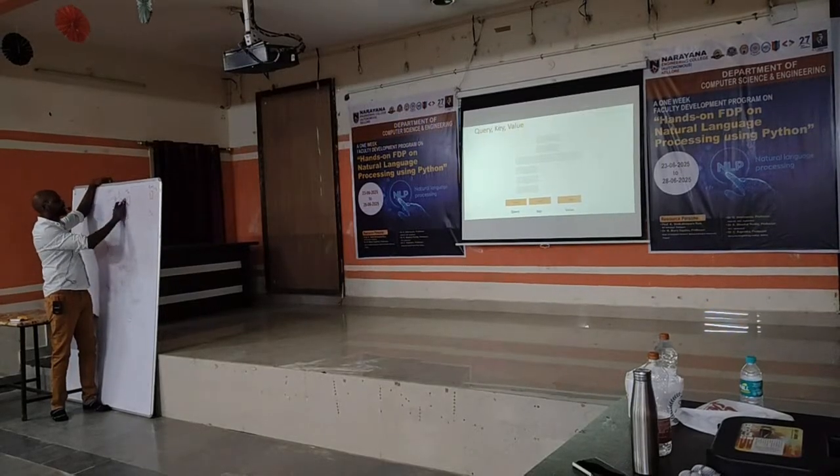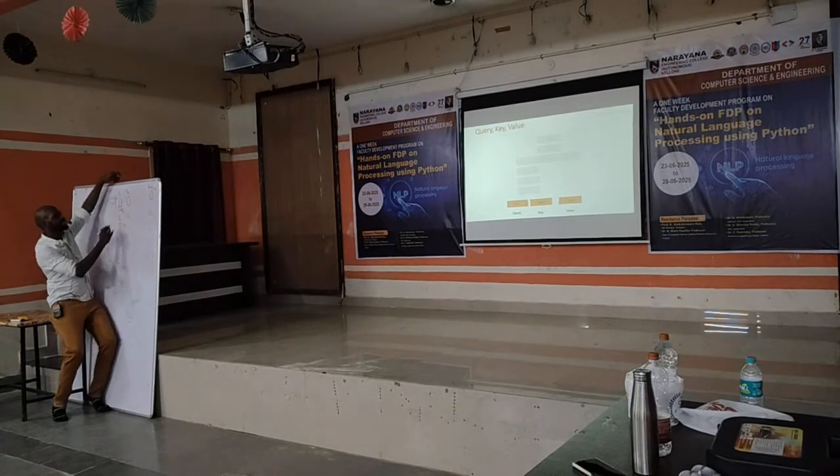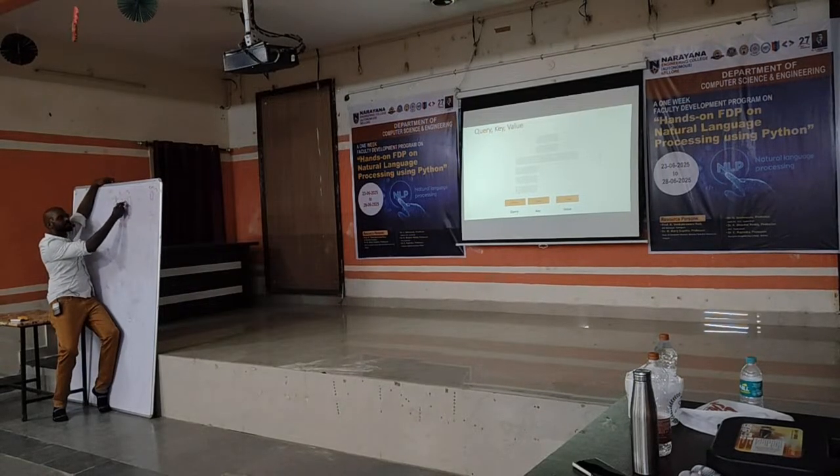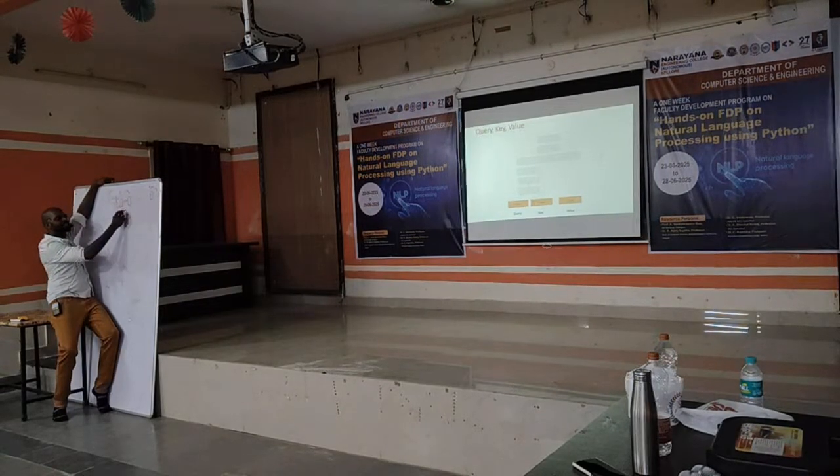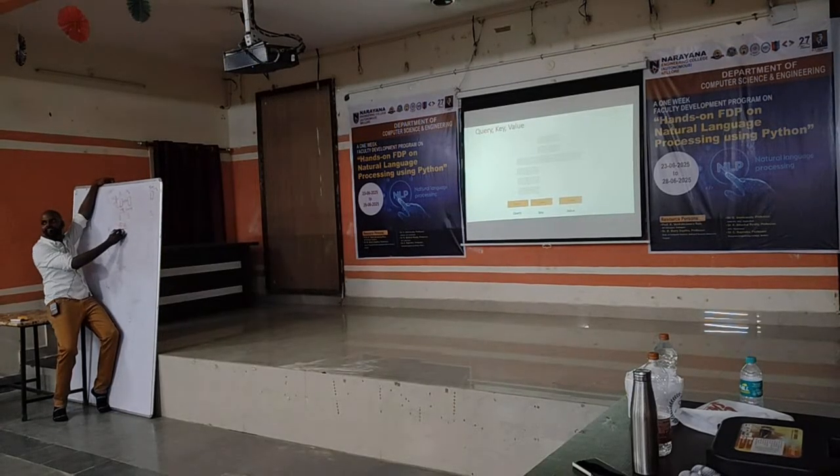Okay, good. So for your understanding, let us suppose this is 1 by 1000. Now you are multiplying it with 1000 by 128, getting this query vector.